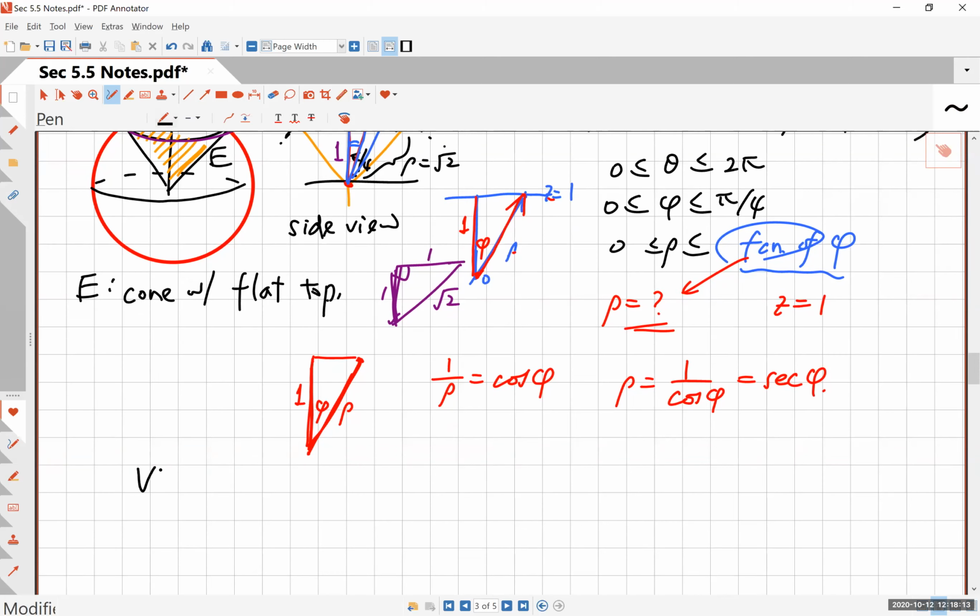All right, so the volume of this cone turns out to be the integral from 0 to 2 pi, 0 to pi over 4, and then from 0 to secant of phi, rho squared sine phi d rho d phi d theta.